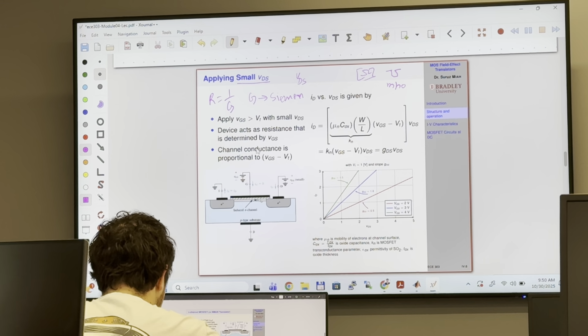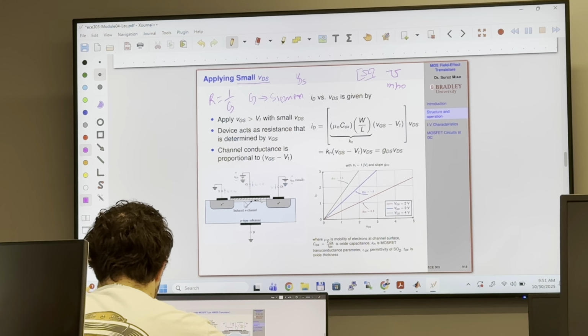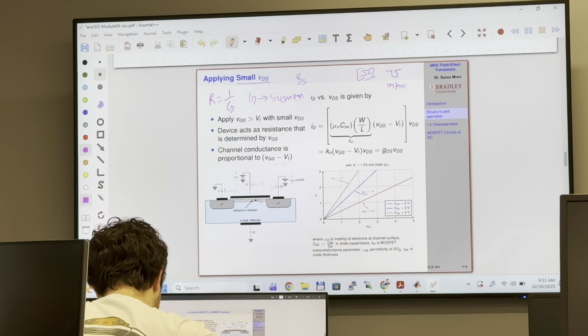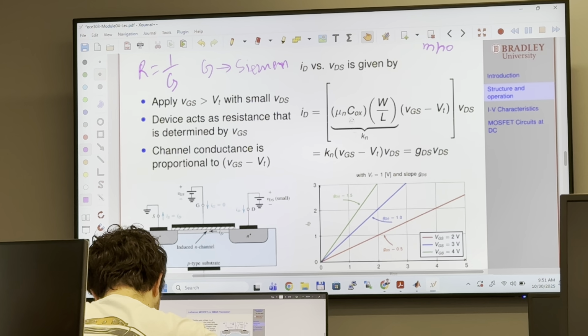And this channel conductance is proportional to VGS minus VT, where this proportionality constant is determined using this expression, which is mu n COX W over L, and this is called K sub n. K sub n, I'm not going to write it down, I wrote it down here.